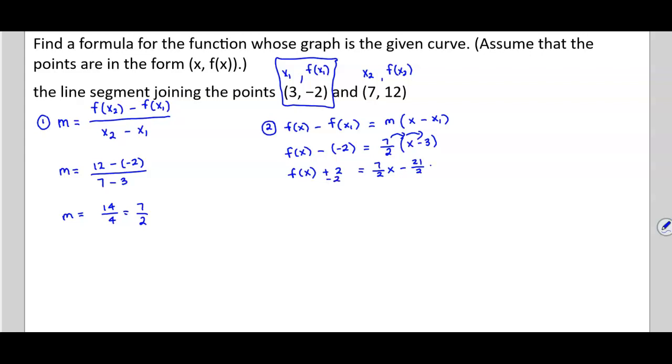So if we subtract 2, we're going to get the following. We have f of x equal to 7 over 2 x minus, well, we know that 2 is 2 over 1, so we need to find a common denominator. So this becomes -21 over 2 minus, multiplying the numerator and denominator by 2, 4 over 2, which then gives us -25 over 2.